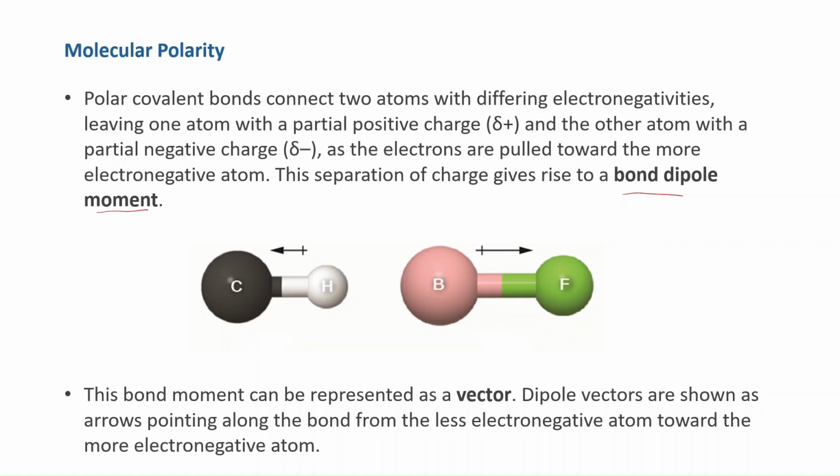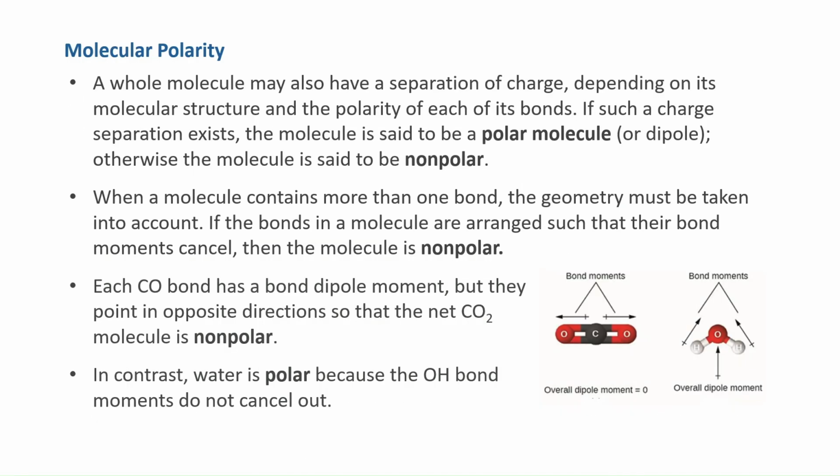But the idea is that when you have a polar bond, there's going to be a distribution of charge in the molecule. If you don't have a polar bond, you don't need to worry. So molecules can be polar or non-polar, just like bonds, depending on whether the charges are distributed evenly or they're polarized in one direction.